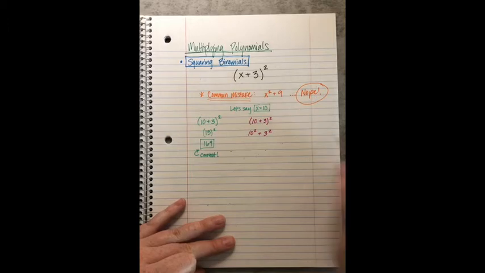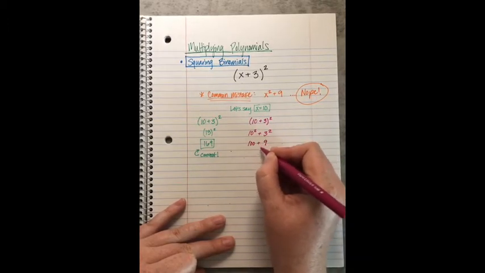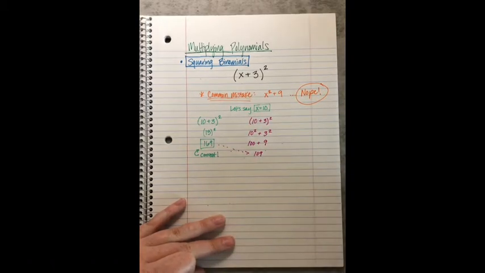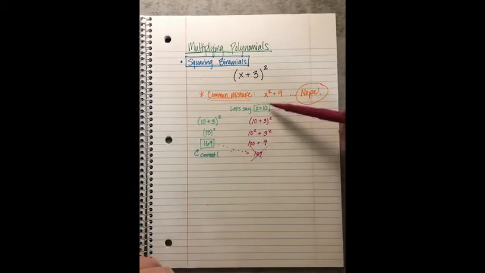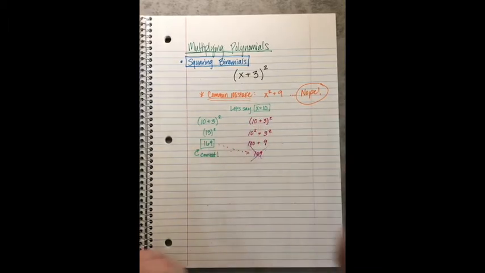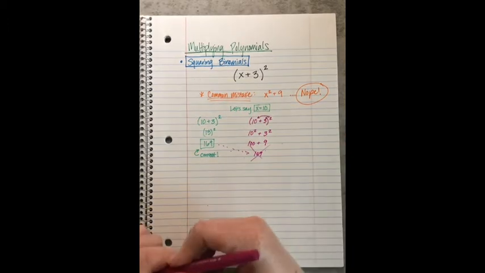Let's go ahead and simplify that. 10 squared is 100, 3 squared is 9, 100 plus 9 is 109. Did I do that right? I can't do it that way. That proves to me, because I did not get the correct answer, that I can't do this thing where you just distribute it to each of the numbers on the inside.